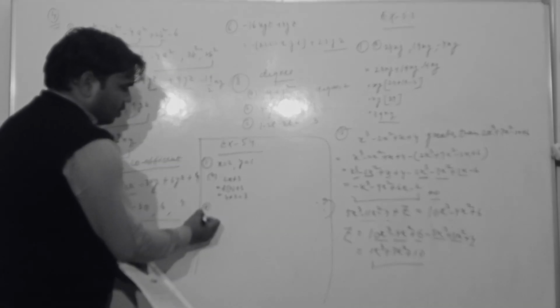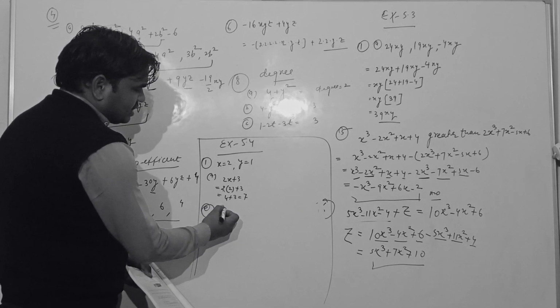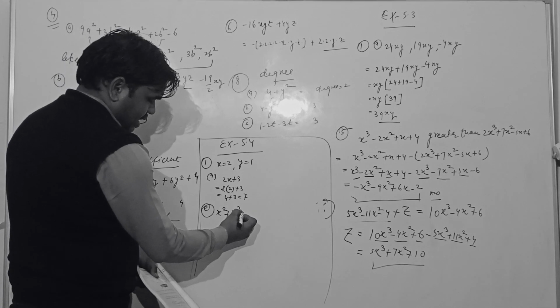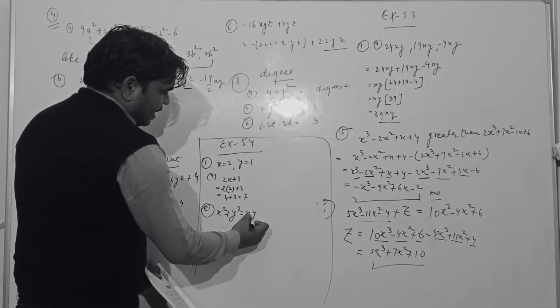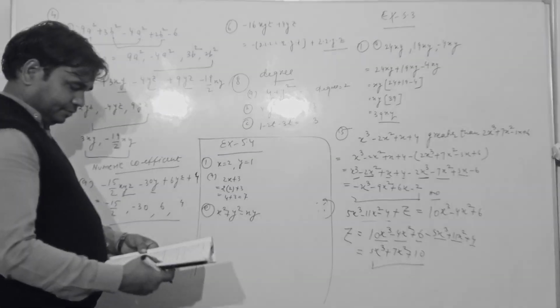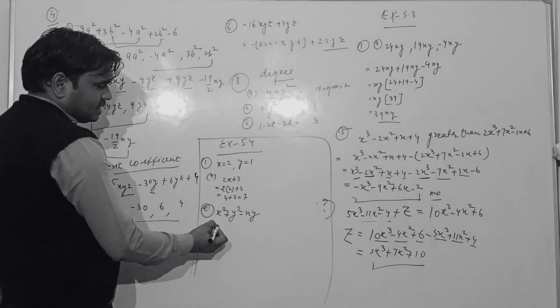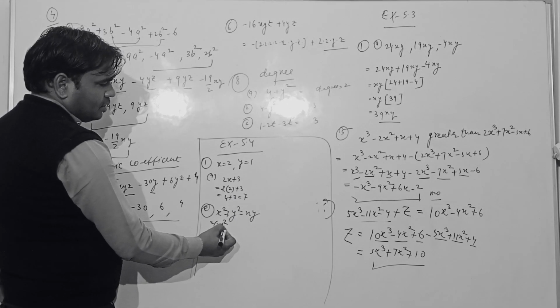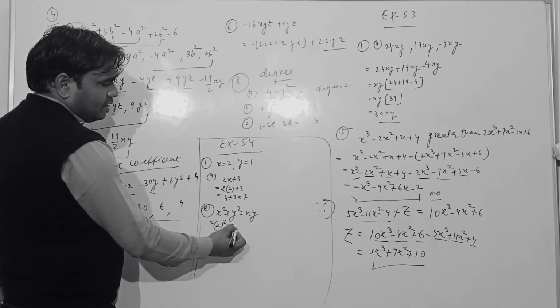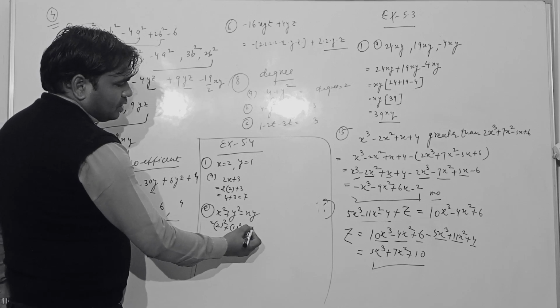So the E part you can also take, that is x square plus y square minus xy. It means to say we put the value, the power of x, that is 2 square, plus y square, this is 1, minus 2 into 1.